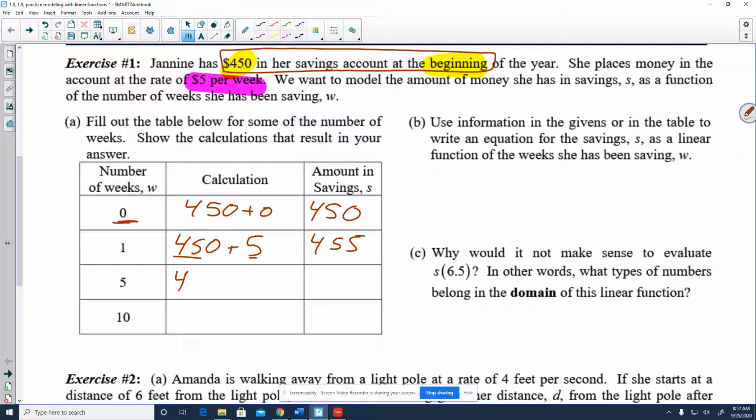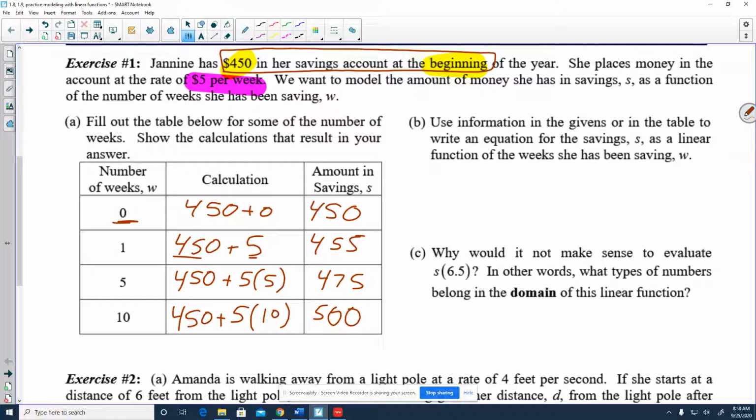Okay, after 5 weeks, she has the 450 that she started with, plus she's saving $5 a week for 5 weeks. So at the end of 5 weeks, she has $475. Okay, after 10 weeks, she has the original 450 again, plus $5 a week for 10 weeks. So she has $500 in her account after 10 weeks.